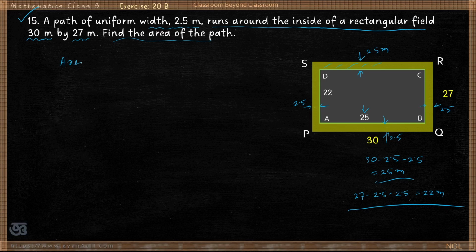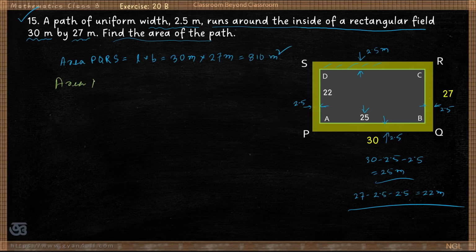So area of the bigger rectangle PQRS is equal to L into B, that is equal to 30 meter multiplied by 27 meter, and that is equal to 810 meter square.